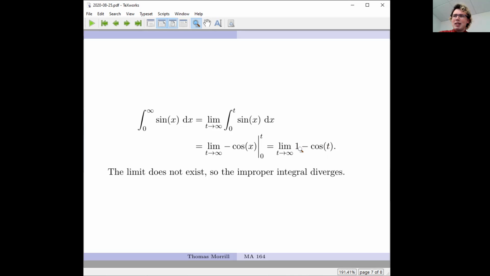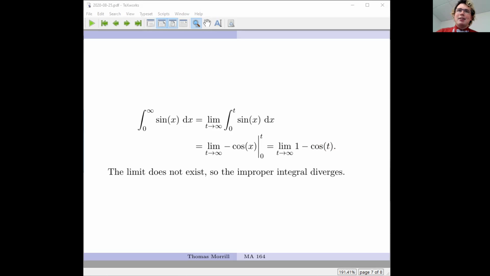So that's going to give us between 0 and 2 for the amount of area that we've painted. But as t goes to infinity, the cosine function doesn't settle on a limit. So this improper integral diverges. There is not a value we can give it for the net area that we have painted.